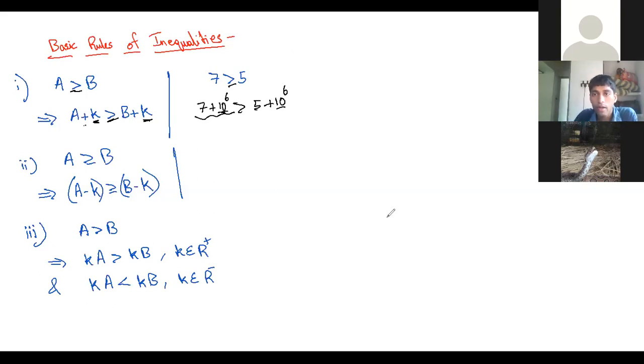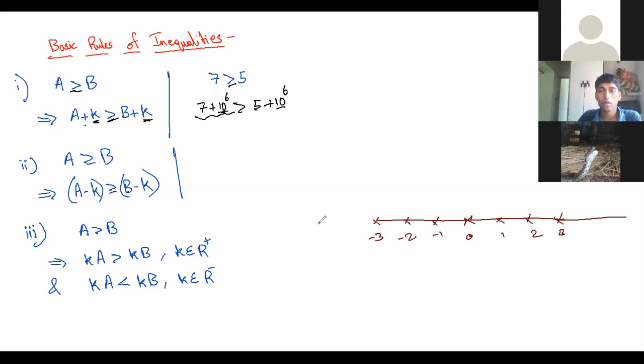See, on the number line, what actually happens? 0, 1, 2, 3, and so on. And here you have -1, -2, -3, and so on. Generally, when you're on the positive side, 1 is lesser than 2. 3 is greater than 1.